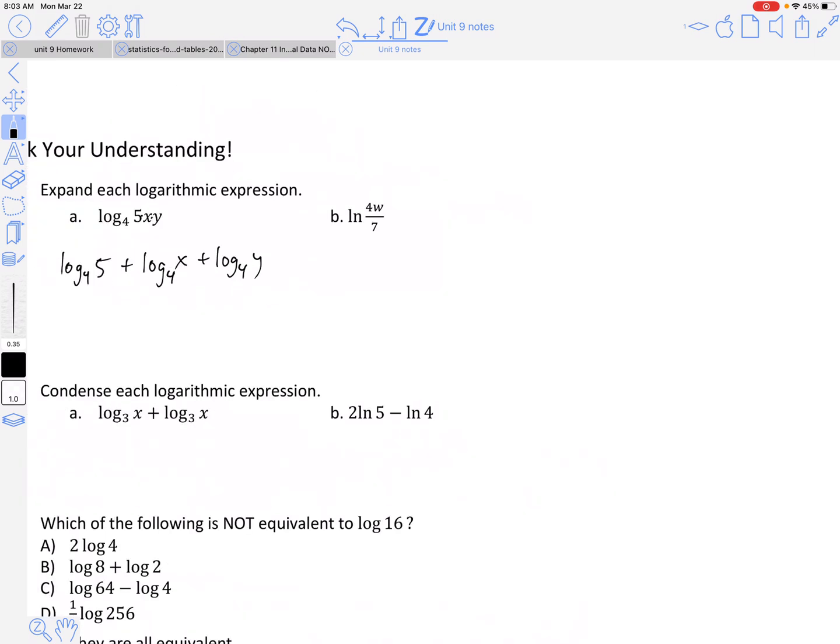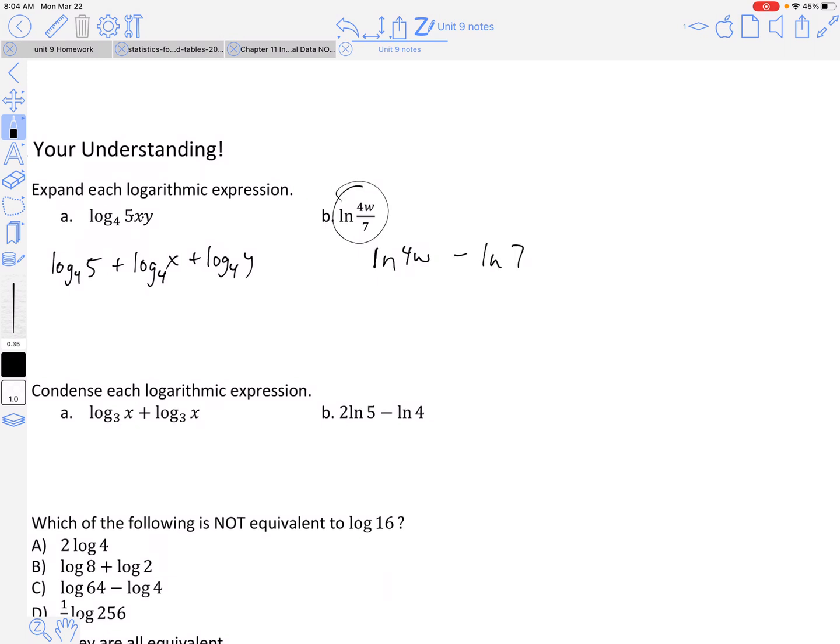If they're held together by division, you can then subtract them. Now notice the first part is held together by multiplication, so I can also separate those by addition. Okay.